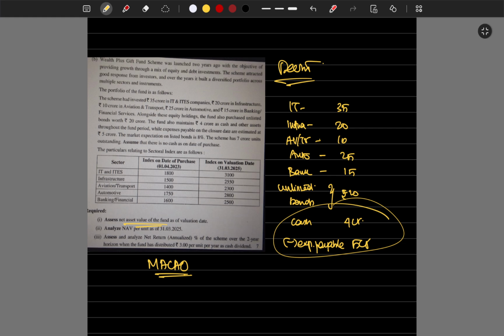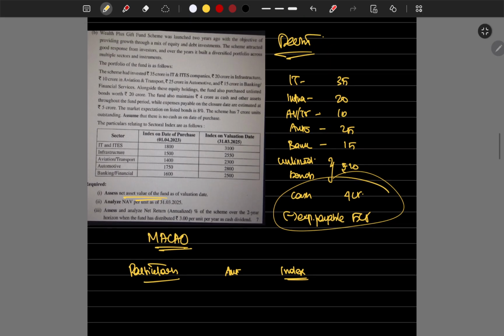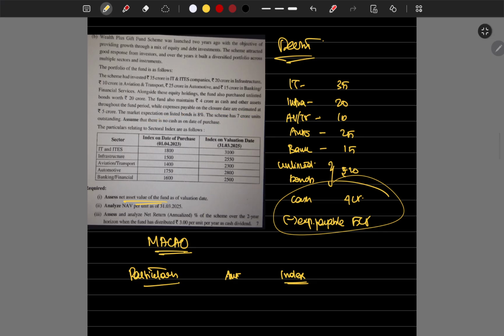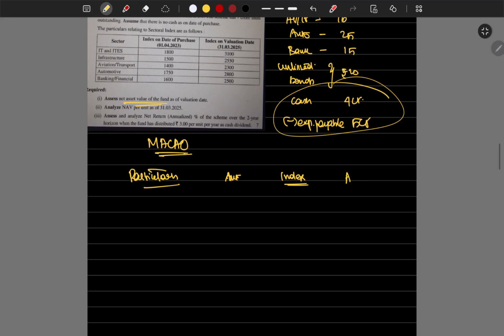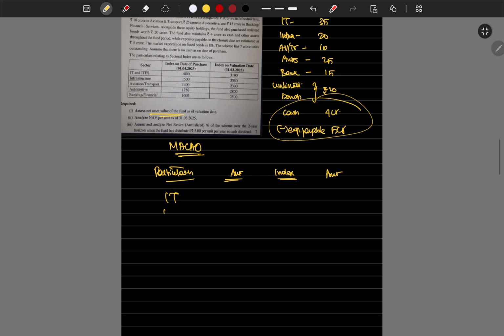Now they've asked us to find out the NAV value. So, particulars, amount. They have given the index at the time of purchase and at the time of valuation. So we are going to just adjust the values by the index inflation rate. So amount: IT, infra, aviation, auto, bank, unlisted bonds.